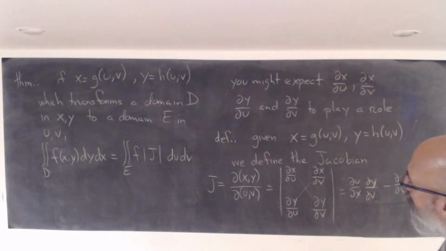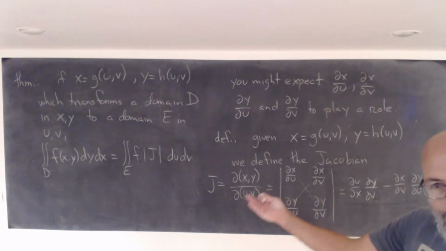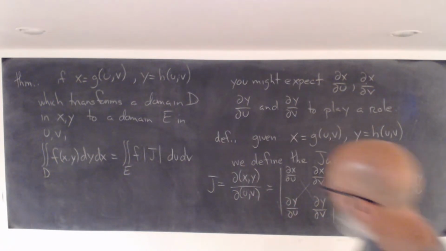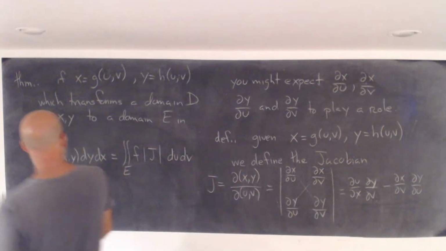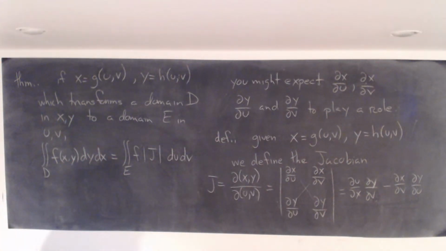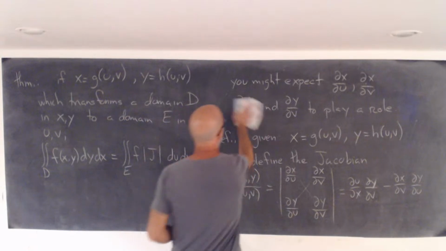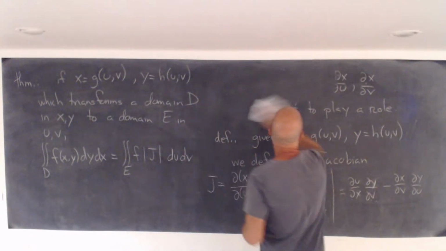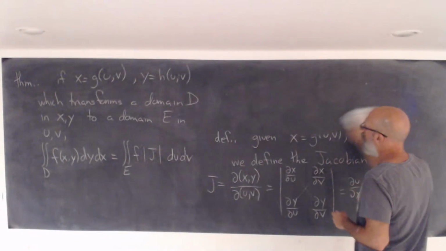Why is this a Jacobian? What does it mean? I'm not proving this, but let's discuss what is really going on here geometrically. Think about what's happening.